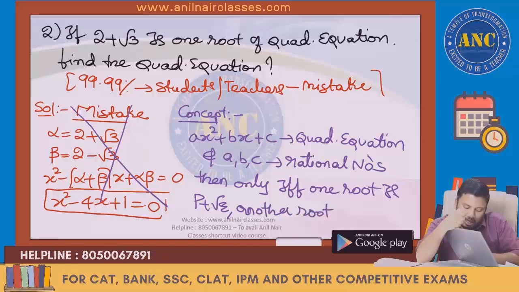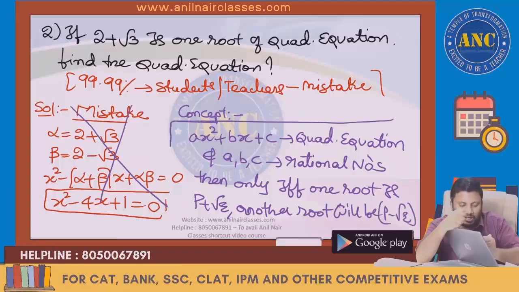Please write down: another root will be p minus root q. Without this condition, please don't use it. Please make a note of it.